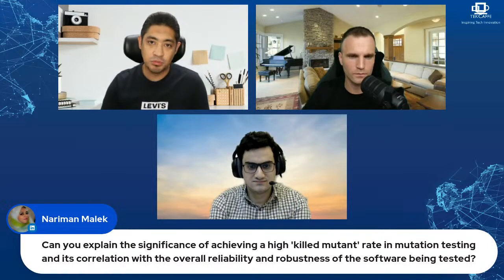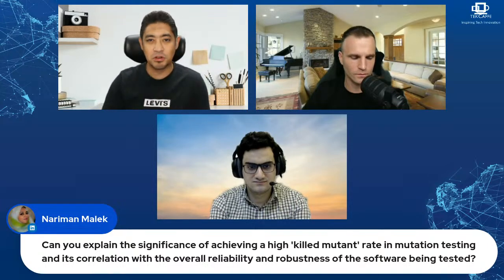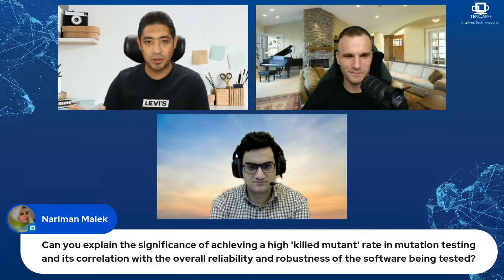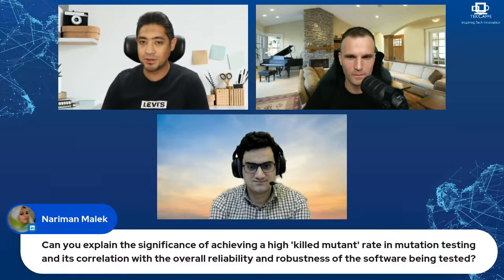In addition to being a testing approach, well, this is a bit controversial, but I know there are opinions. So yeah, we'll go with that. But here's the thing. If you're doing better TDD, Nariman, you will definitely have more reliable and more robust software.